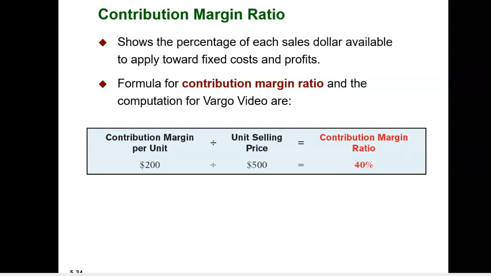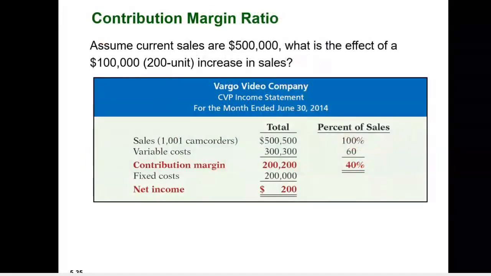All right, so contribution margin ratio is the contribution margin divided by sales, or it's the contribution margin per unit divided by the unit selling price. In both cases, it would be 40%. And that is the contribution margin ratio.